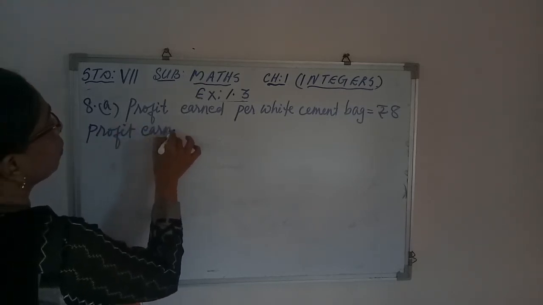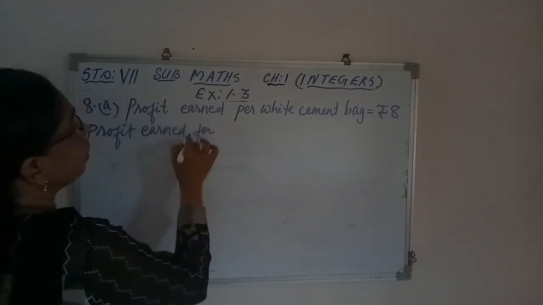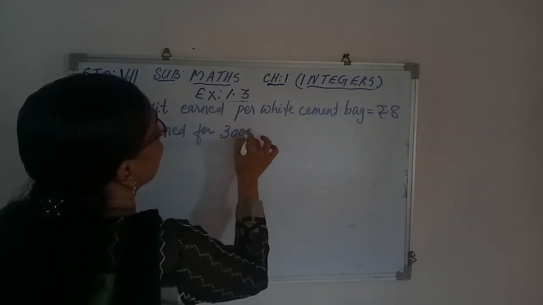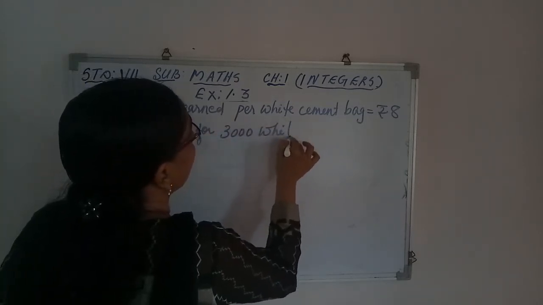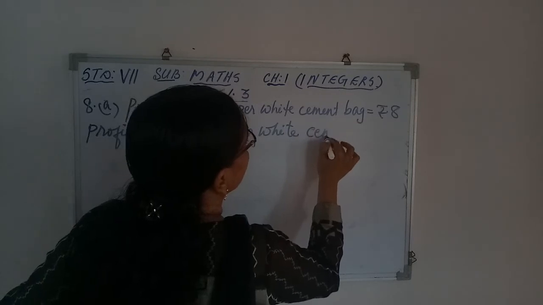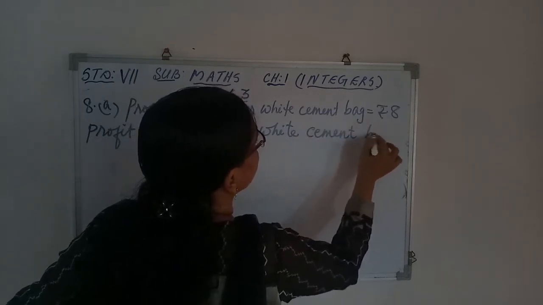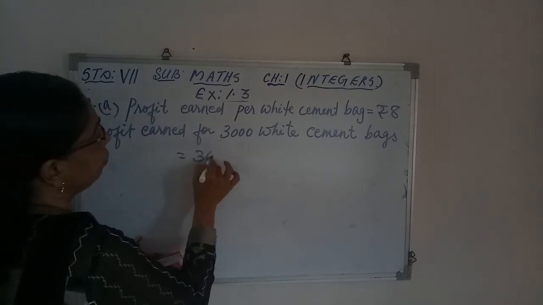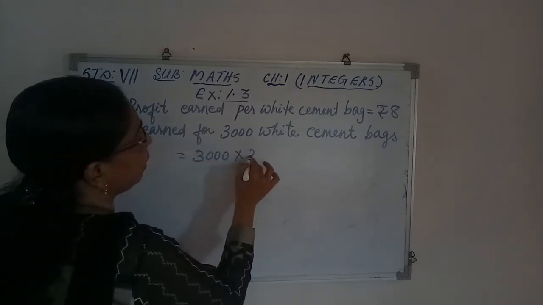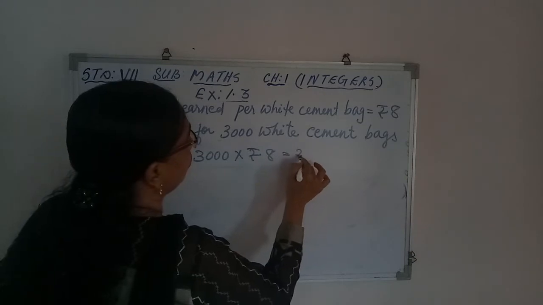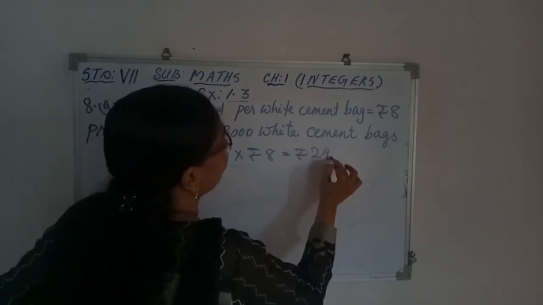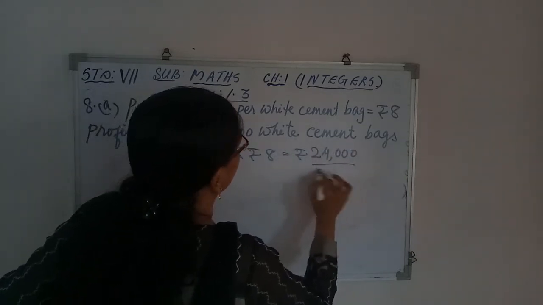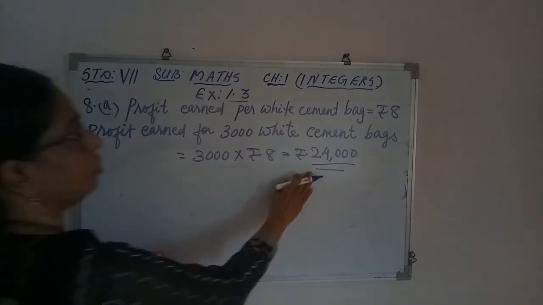How will you find out? Yes. 3000 multiplied by rupees 8. That's equal to rupees 24,000.